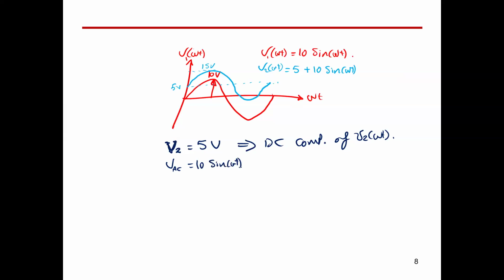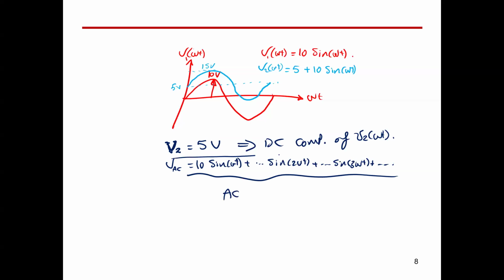The waveform can have many harmonic orders, which means plus something else times sine 2 omega t plus another peak sine 3 omega t and so on. So this is called the AC part of the waveform, and this is called the DC part. For that, guys, we have the Fourier series. I'm not sure if you learned Fourier series or not.